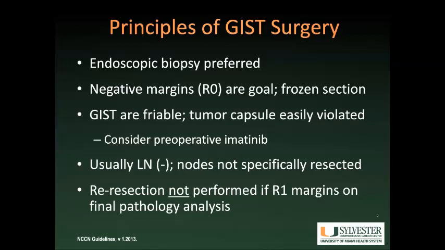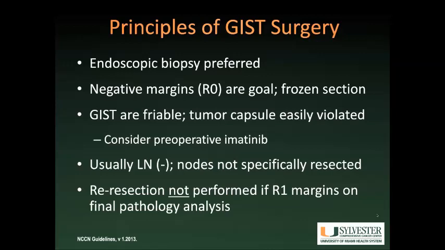Negative margins are generally the goal for any type of cancer surgery, and our surgeons confirm that by having a pathologist right there in the operating room who takes a look at the tissue that's resected. These tumors are friable sometimes, meaning that they can fall apart. The capsule can rupture. Tumor rupture is really an emergency in GIST.